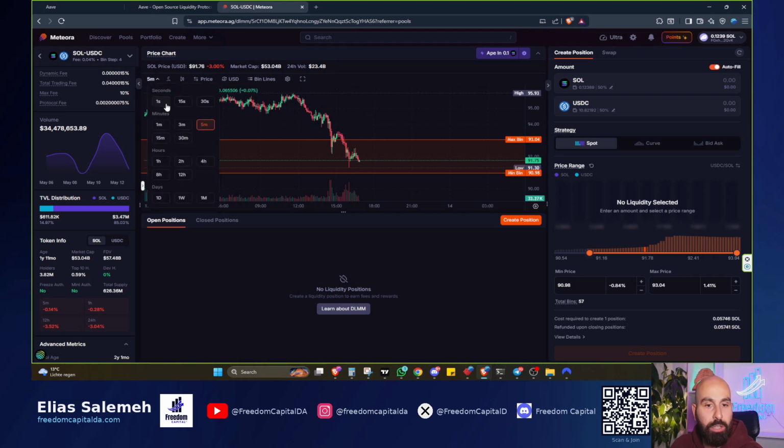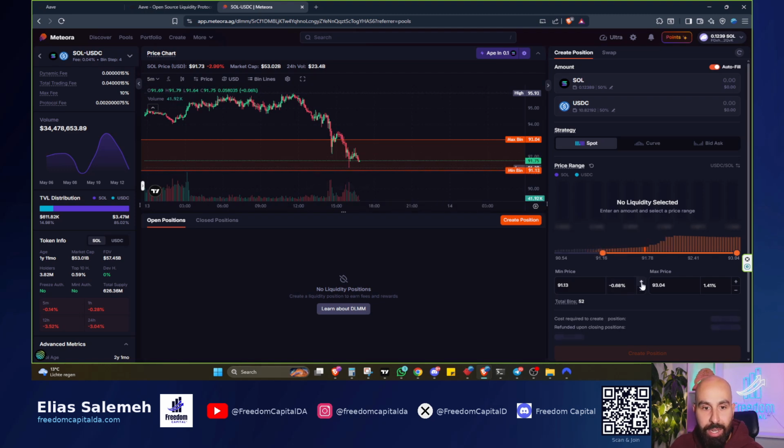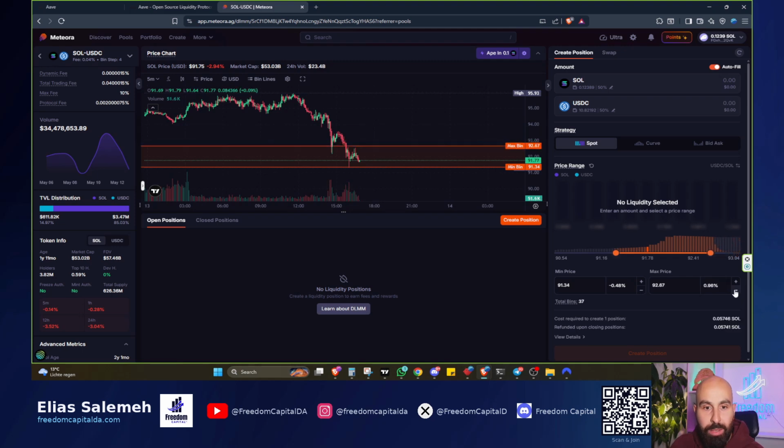This is the 5-minute chart, just for the sake of this example. And I'm going to concentrate my liquidity to exactly where the price is currently sitting. Let's keep it a little bit low, here at the bottom of that wick. And then on the top, the exact same thing can happen. I can reduce my liquidity to best fit that price range.